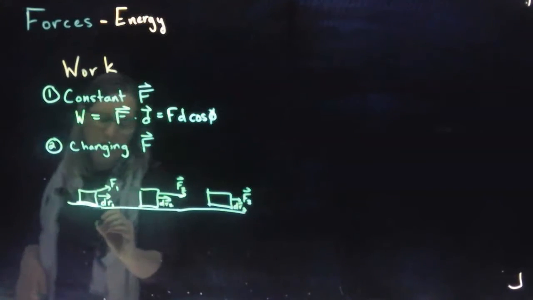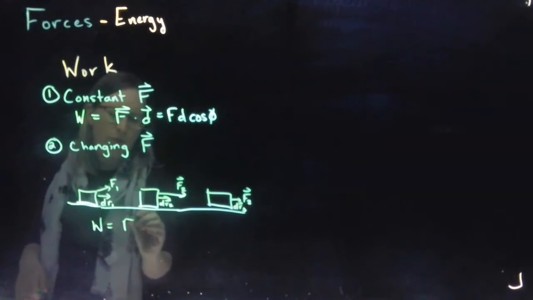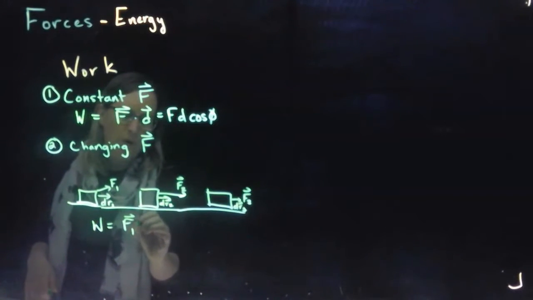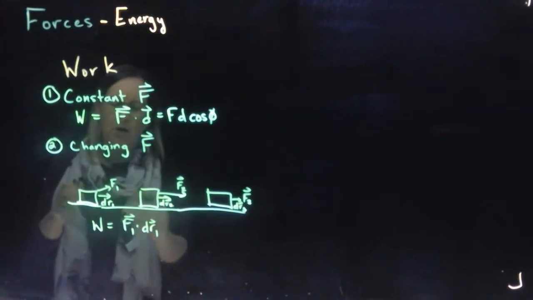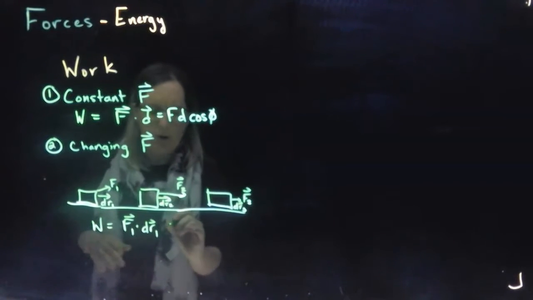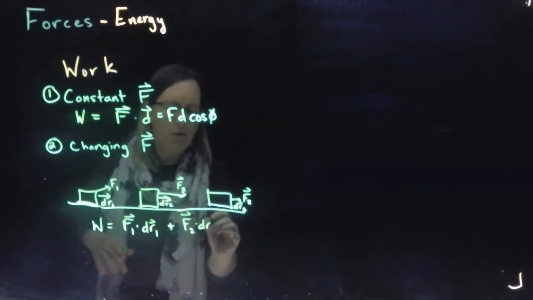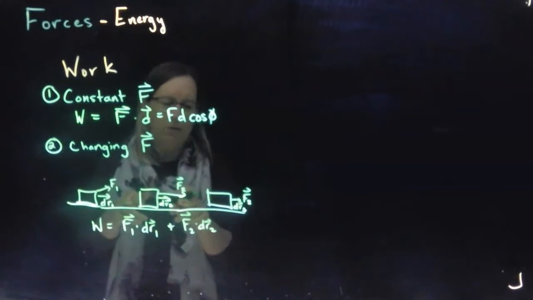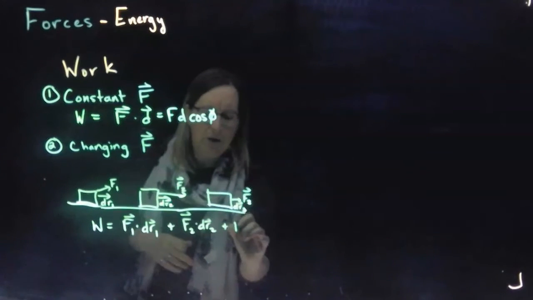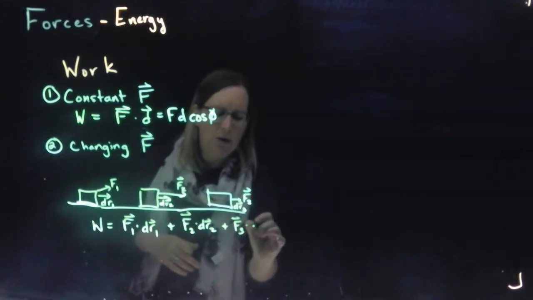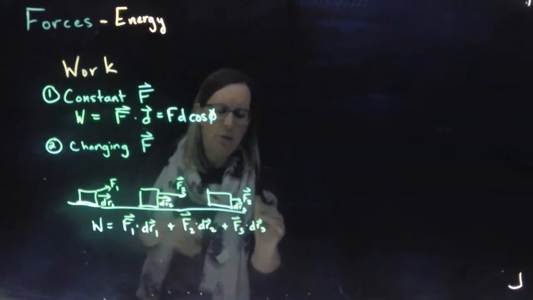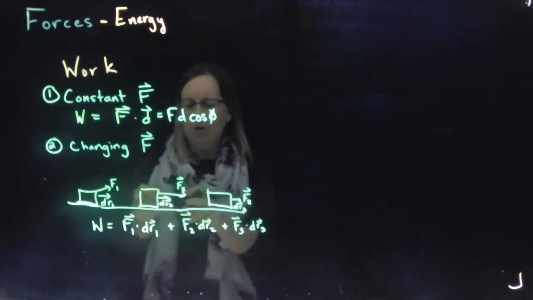And so what we need to do is say the work is equal to force F1 dot the little displacement in the first little section, plus F2 times however far it goes with that force over this region, plus F3 dotted into whatever the displacement is over this region. And these two are a little easier.